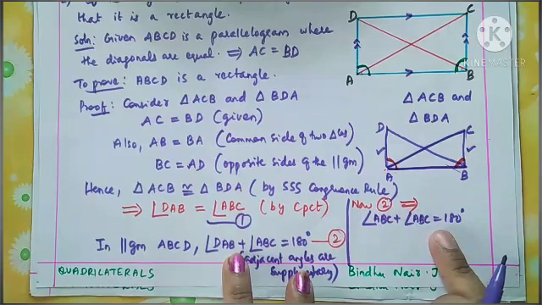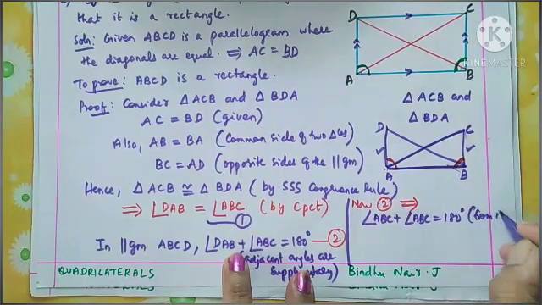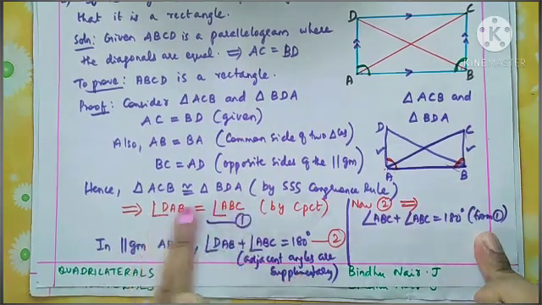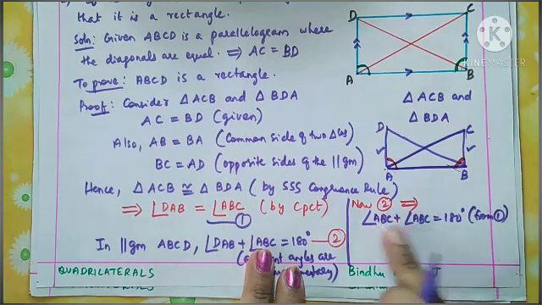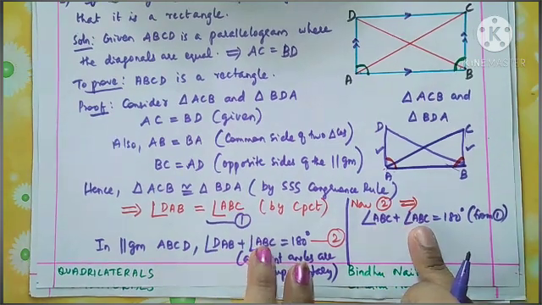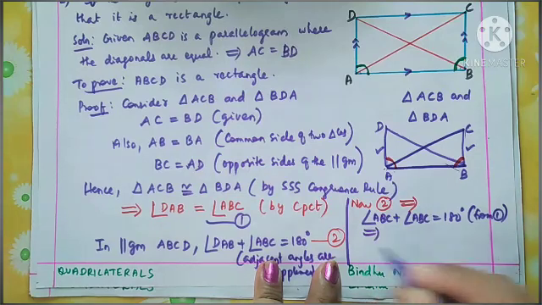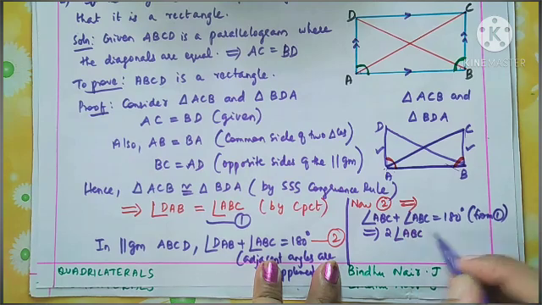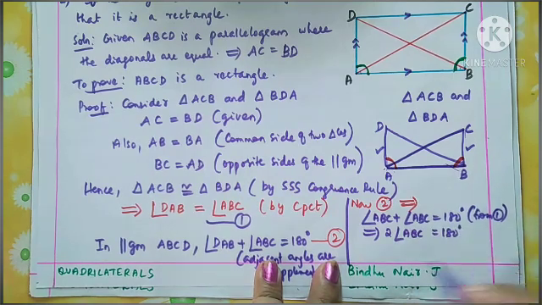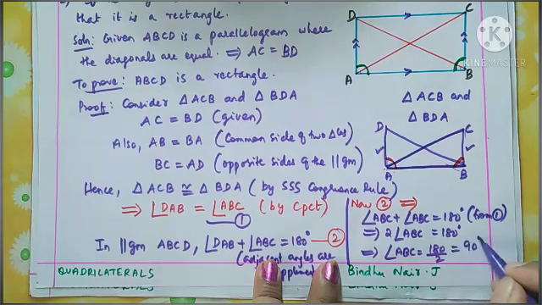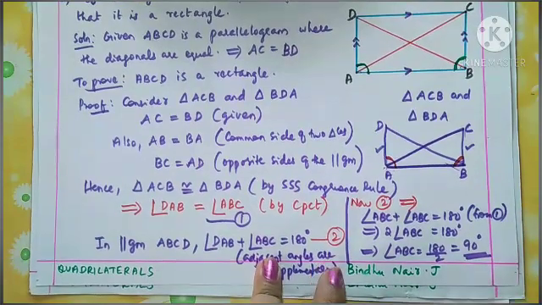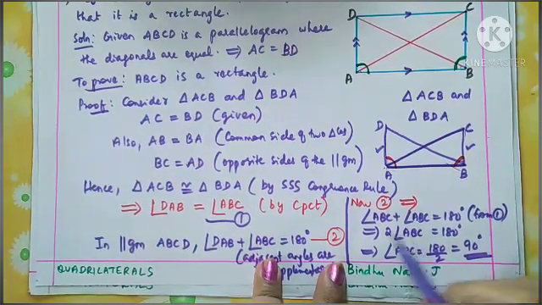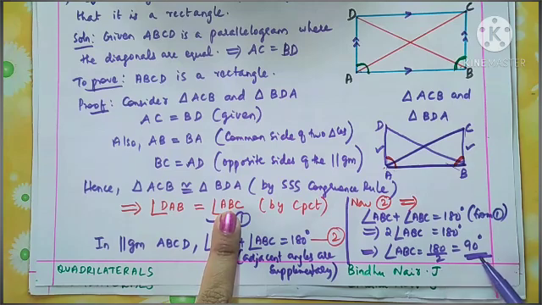Can I write from equation 1? Because that 2 angles are equal. So I substituted both of them same angles. Okay. So this implies ABC plus ABC, you can say 2 times ABC equal to 180 degree. This implies angle ABC is equal to 180 by 2, that is 90 degree.